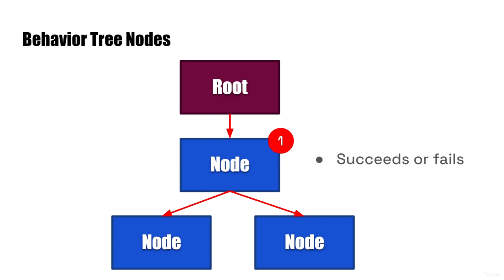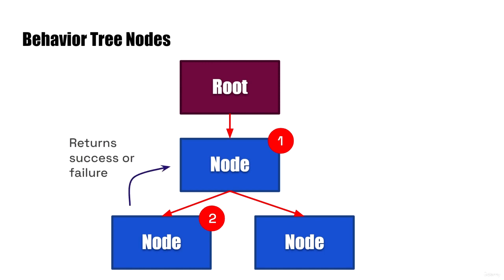Now, if it fails, then it returns back up to the root, after which the tree will begin to execute again. Now, when the node runs, it will attempt to execute its child nodes. And each child node will then do the same thing, and it will either succeed or fail. Now, whether the node succeeds or fails, it returns that success or failure information back to its parent node.